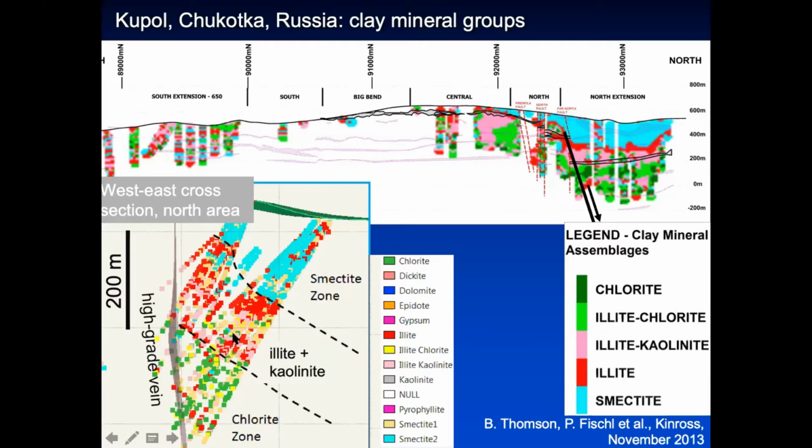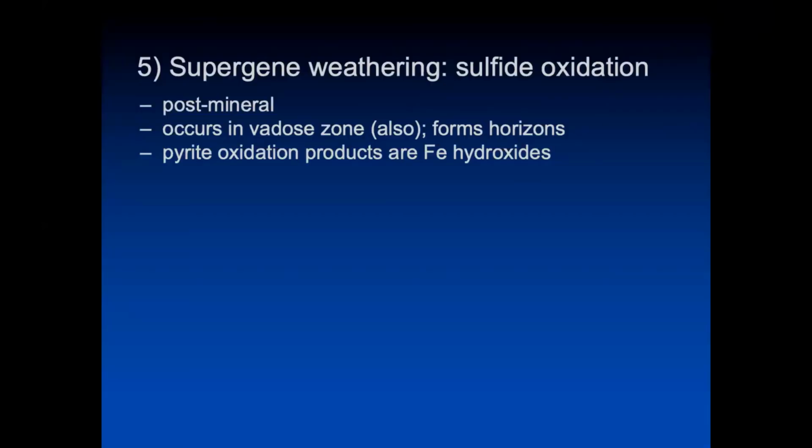So we should not think that this kaolinite was related to descent of acid sulfate steam-heated waters. It was actually related to carbonic acid waters on the deep margins. So another environment to remember when we're interpreting our alteration mineralogy.